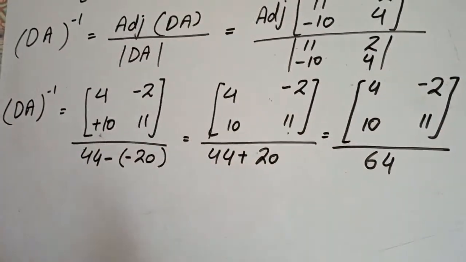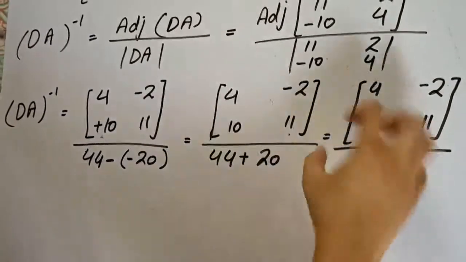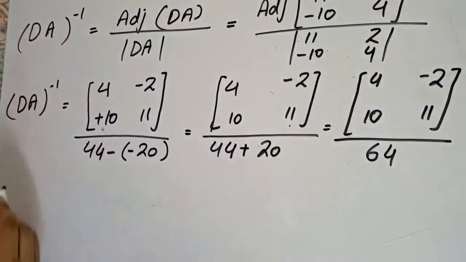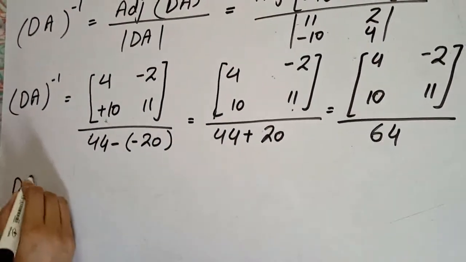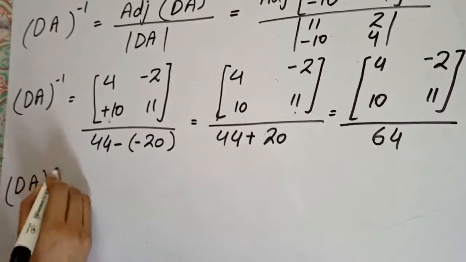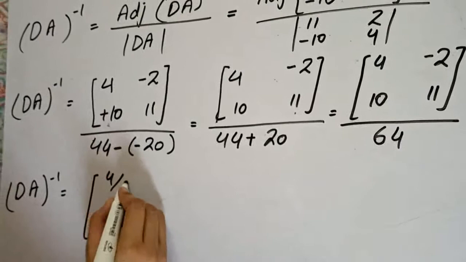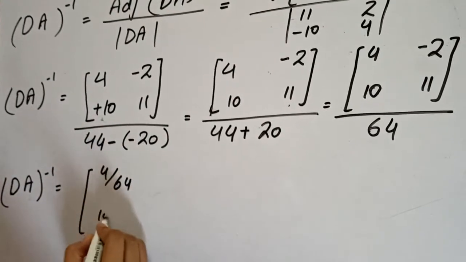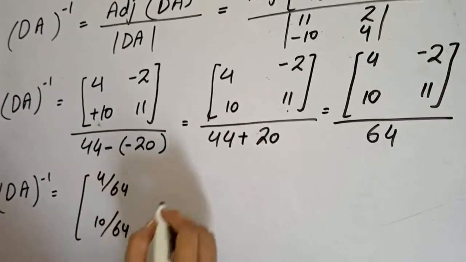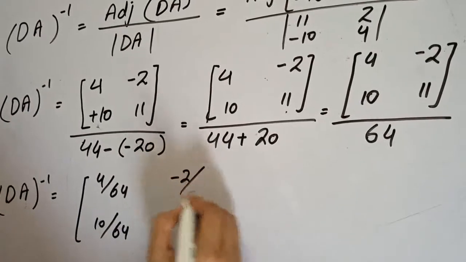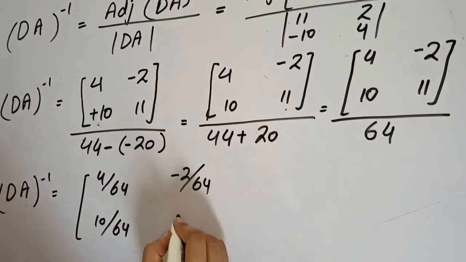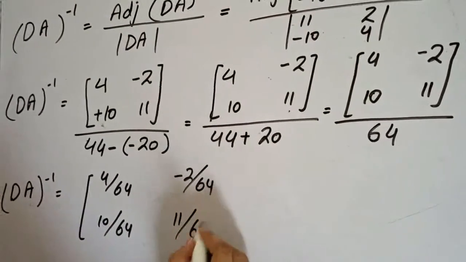Now this determinant will divide all the entries of the matrix. So DA whole inverse equals 4 divided by 64, minus 2 divided by 64, 10 divided by 64, 11 divided by 64.